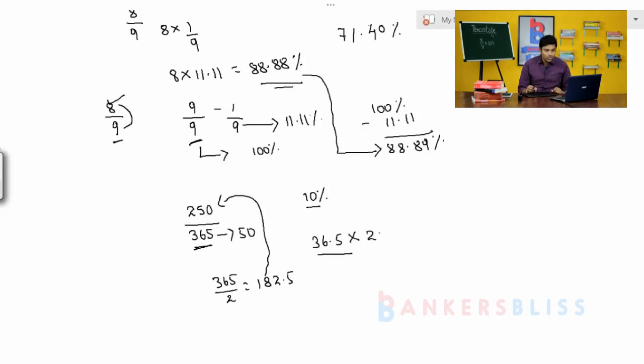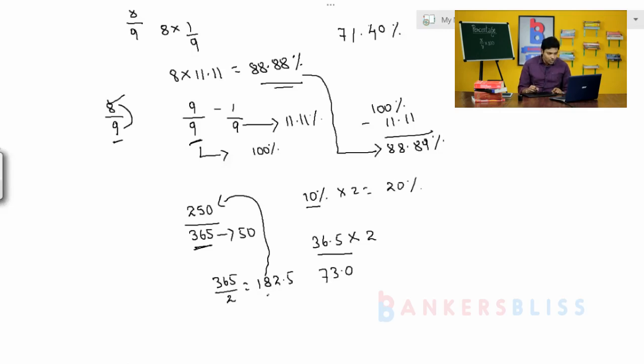Into 2. 36.5 into 2, how much are you going to get? 73. So if you do into 2, you are going to get 20% means 73.